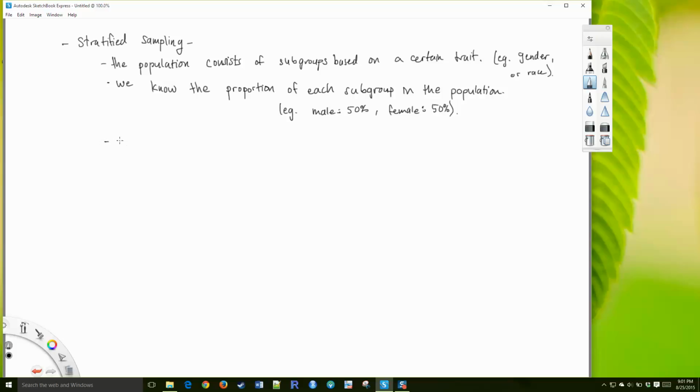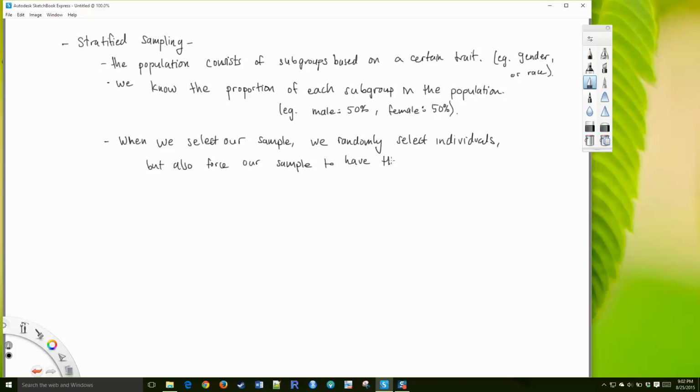And then when we select our sample, we randomly select individuals but also force our sample to have the same proportions that exist in the population.